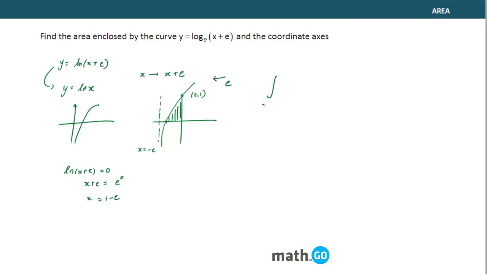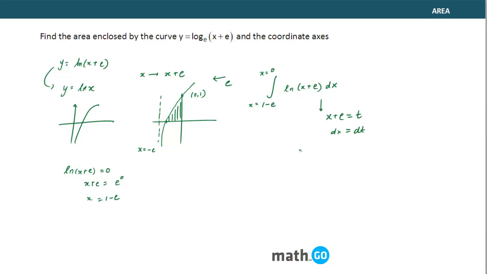So it's a very simple question. Now you just need to integrate from x equal to 1 minus e to x equal to 0, the curve that is ln(x + e) dx. That's it. This is what you were asked to solve. Okay, and if you want, you can actually do the substitution. If you want to solve this, you can first of all substitute x plus e is equal to t, so dx comes out to be equal to dt.